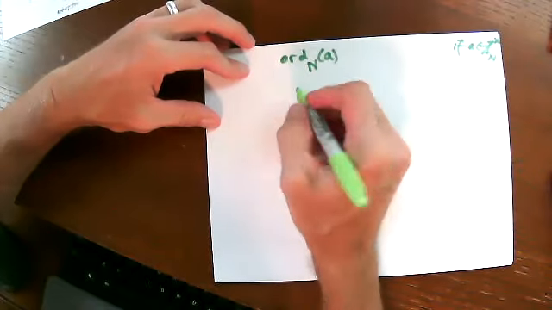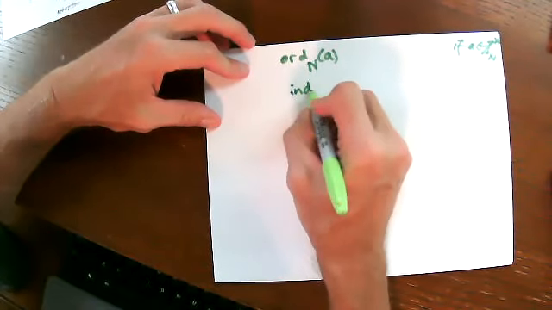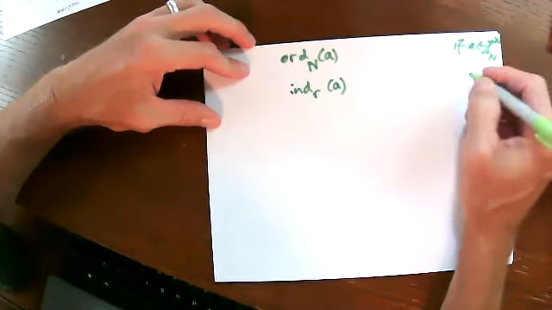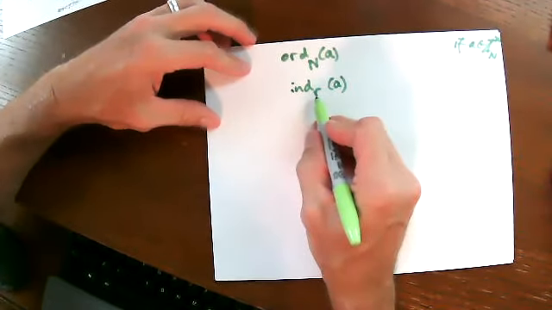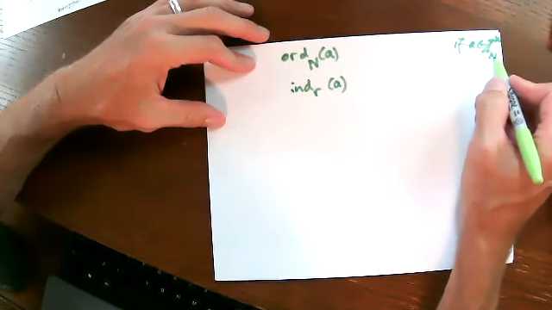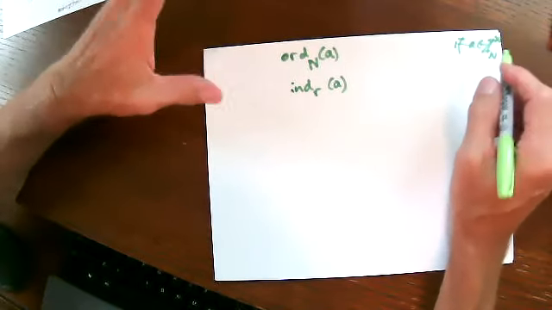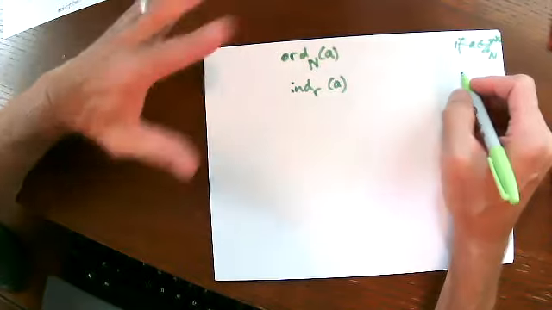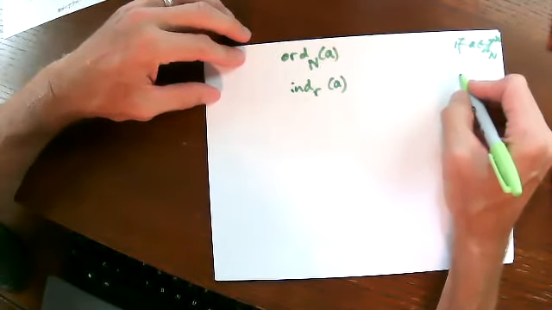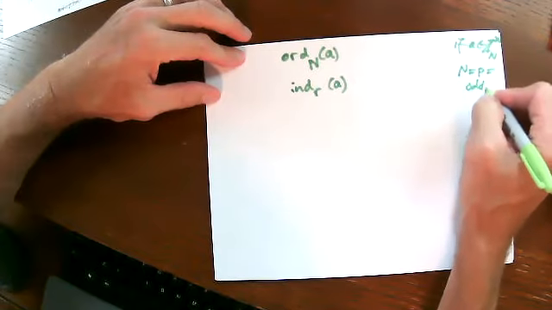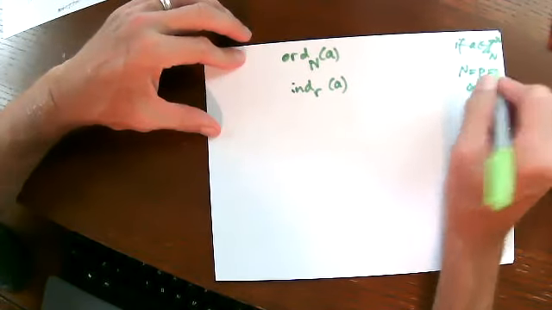And then once we have a primitive root, we could talk about the index modulo R of A. This only exists if there is a primitive root, and as we decided that means that n has to be the power of an odd prime, or it could be 2 or 4. But I will assume that in everything that follows today, that the n is actually going to be an odd prime. So that way I'm sure that there is a primitive root.